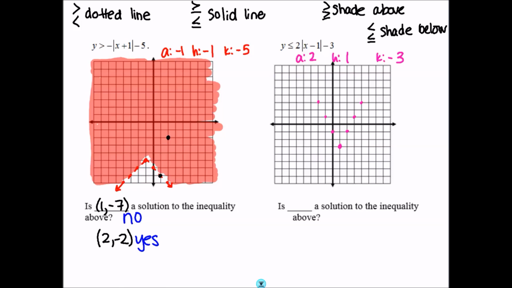Now, since this is a less than or equal to symbol, I'm going to have a solid line, so I can go ahead and connect those dots. Now, when I get ready to shade this, it says y is less than. That means I'm going to shade below this graph.